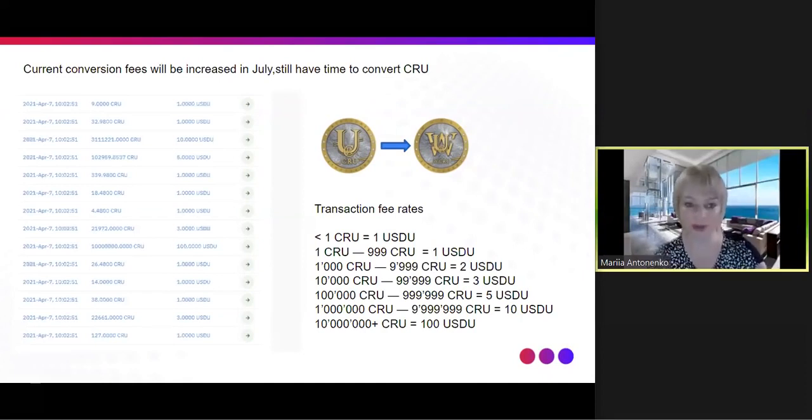And now the ambassadors and the presidential council members are discussing the possibilities how to make sure that the conversion fee grows gradually, not all of a sudden becoming high, but first it will be 20% of the difference, then 40% of the difference between the current CRU price and the WCRU price in the UGPay group, and then eventually it will be 100% of the difference between the two. So if you are still on the fence, it's up to you to decide whether you want to do it now or later when the commission is astronomically high.